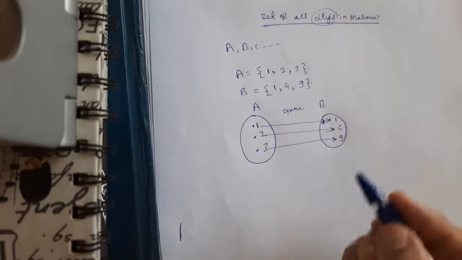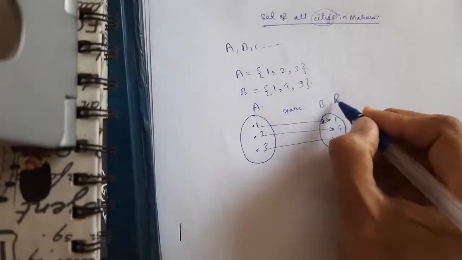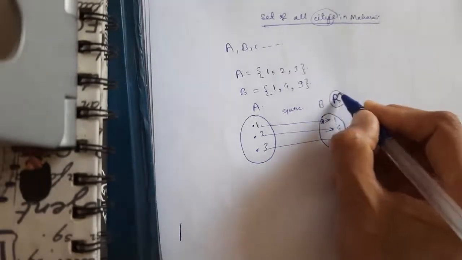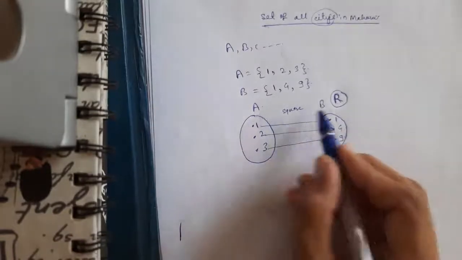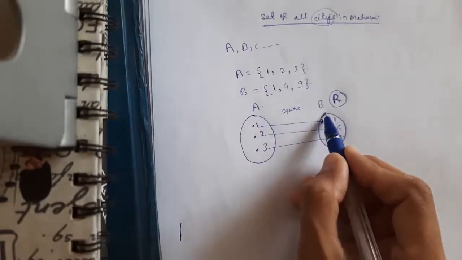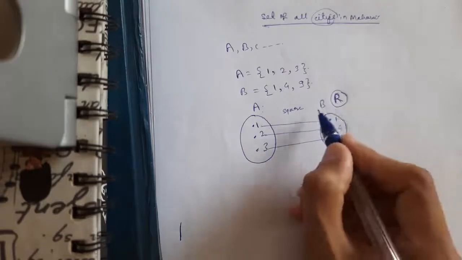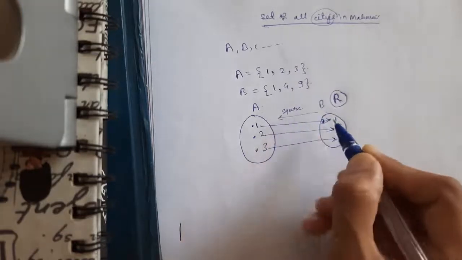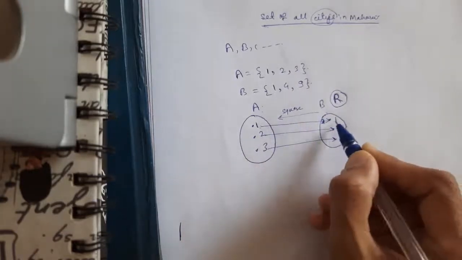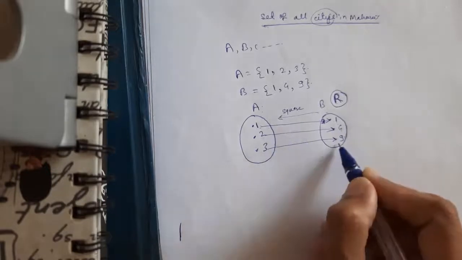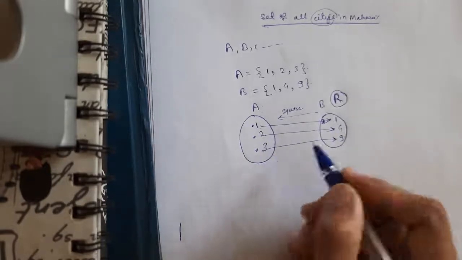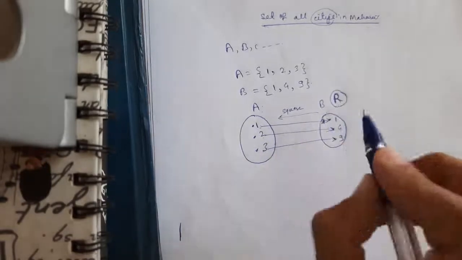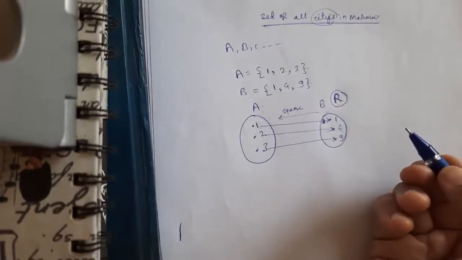Okay, so this R is the relationship through which these two sets are connected. Okay, and the inverse relationship also exists. You just need to take the square root of 1 is 1, square root of 4 is 2, square root of 9 is 3. So this R is called a relationship.